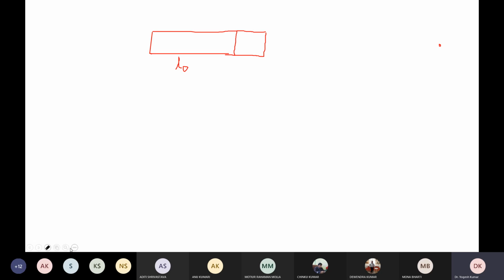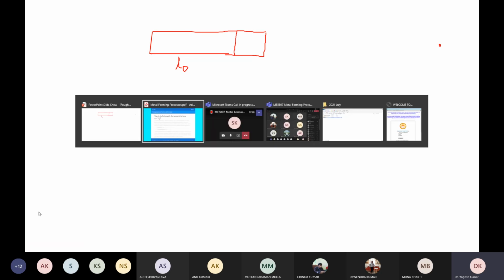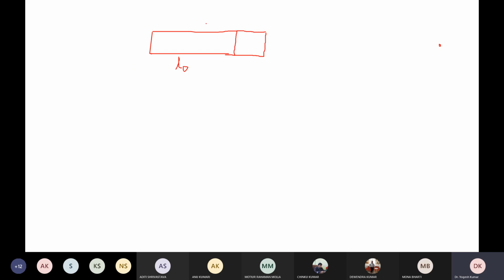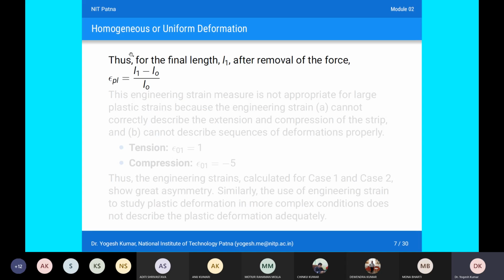Initial length L0, and after the elongation, the length of your strip becomes L1. So the final length of your strip is L1. If you want to calculate your engineering strain, this would be L1 minus L0 upon L0.